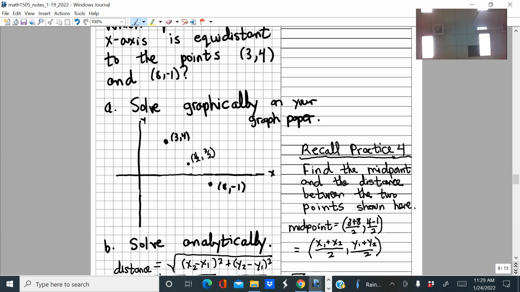So this distance and this distance are the same, but that midpoint is not on the x-axis. I want to find the point that's on the x-axis, and there may be more than one actually. So maybe I should have said points on the x-axis that are the same distance from these 2 points.